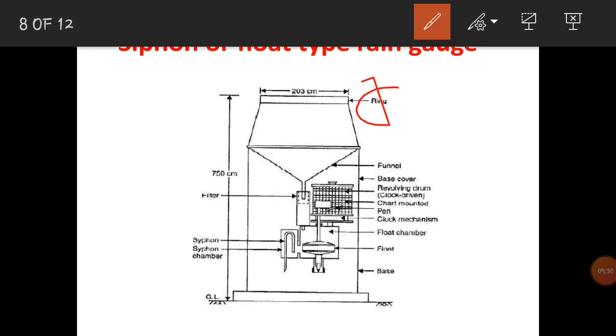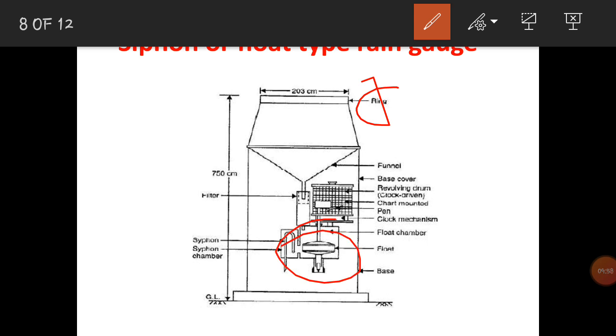Next, it consists of a funnel and a base cover made of metal, and a revolving drum which rotates in a clockwise direction with a chart mounted on it, and a pen arrangement with a clock mechanism, and a float chamber with a float inside it, and a base.